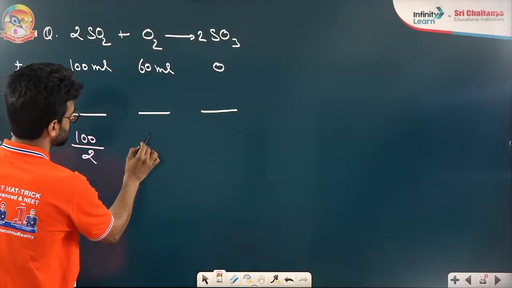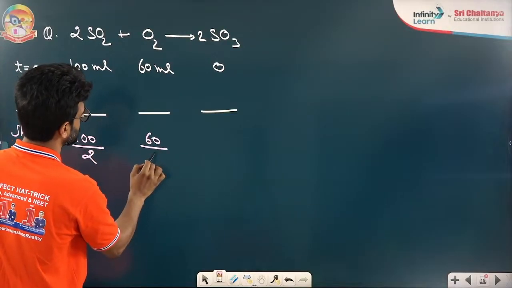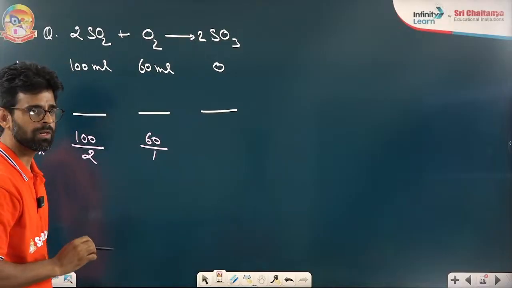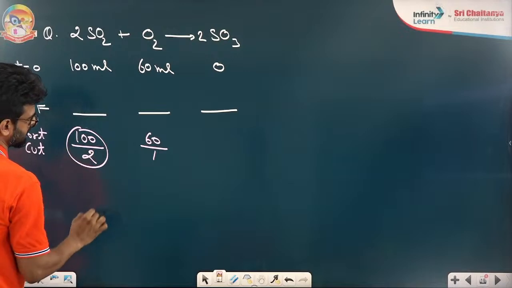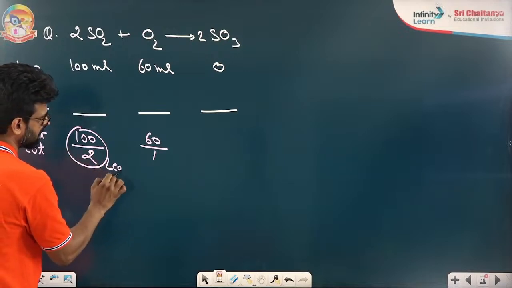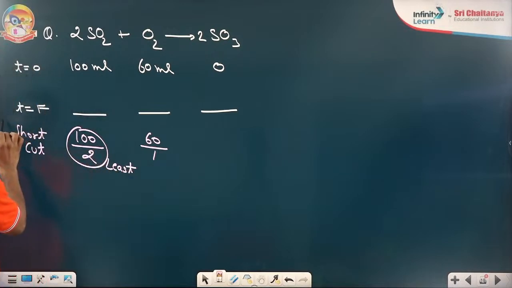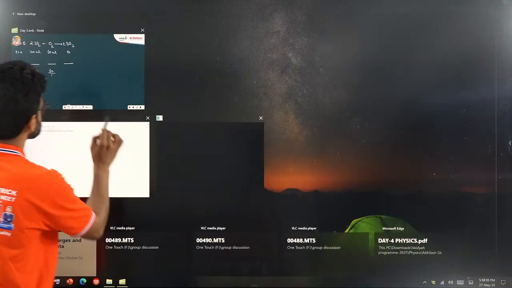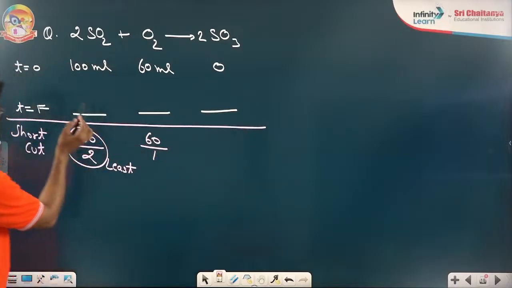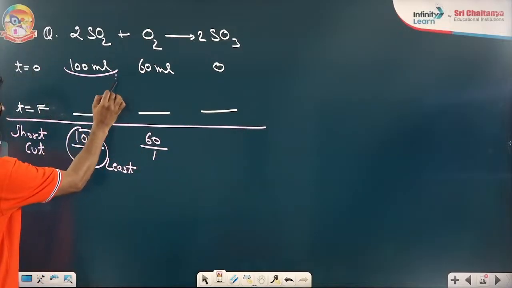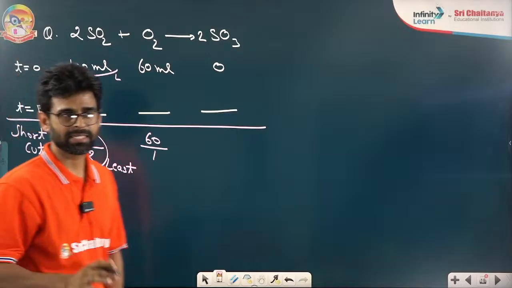And here, given volume divided by the stoichiometric coefficient: how much? 1. So which one is coming small? Right answer. So this one is the limiting reactant. This is the least, the small number, and it tells us very clearly that it is our limiting reactant. So first of all, write L here.